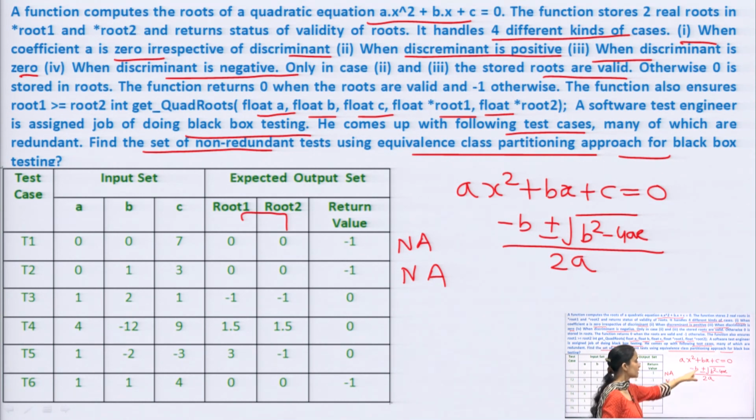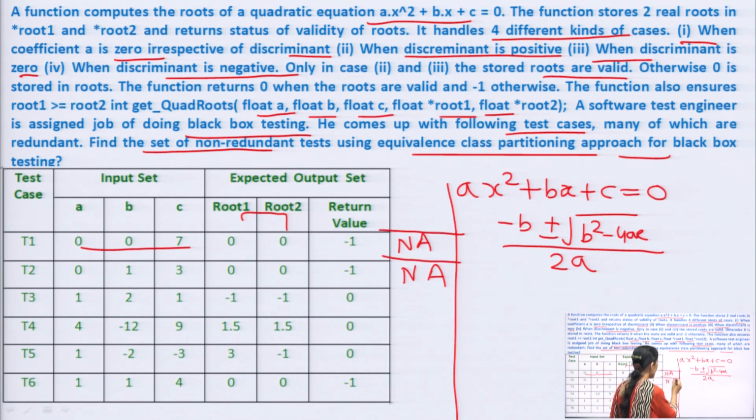The plus is for root 1 and the minus is for root 2. These two roots are calculated by putting these A, B, C values. For T1 it is not applicable, and for the second value it is also not applicable. For T3, suppose I put 1, 2 and 1, I get the values minus 1 and minus 1, and it gives me the value as 0.